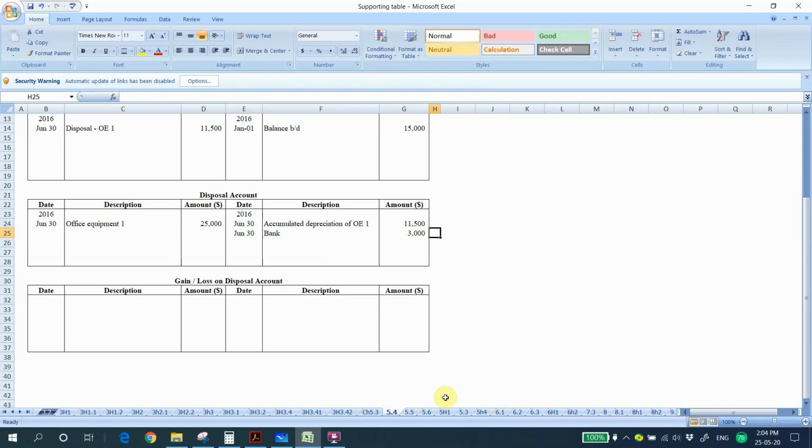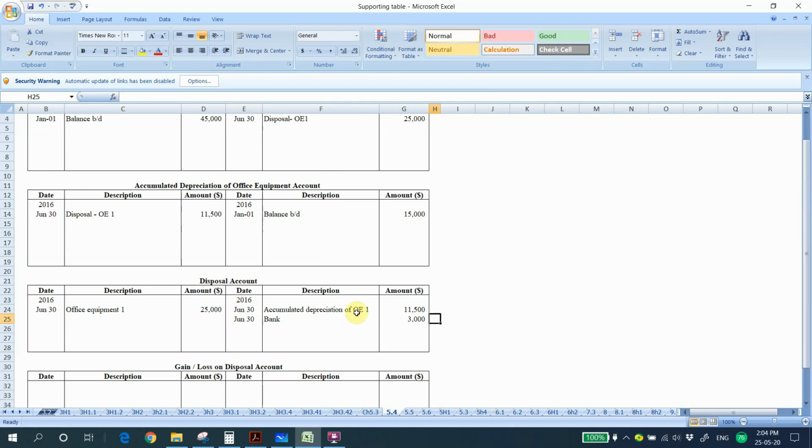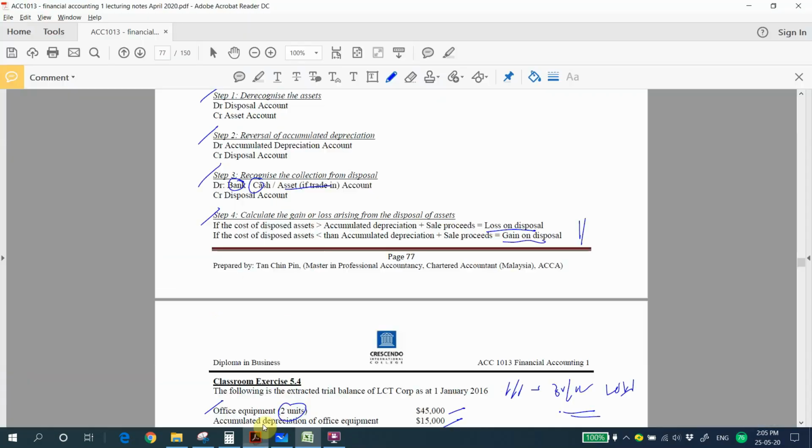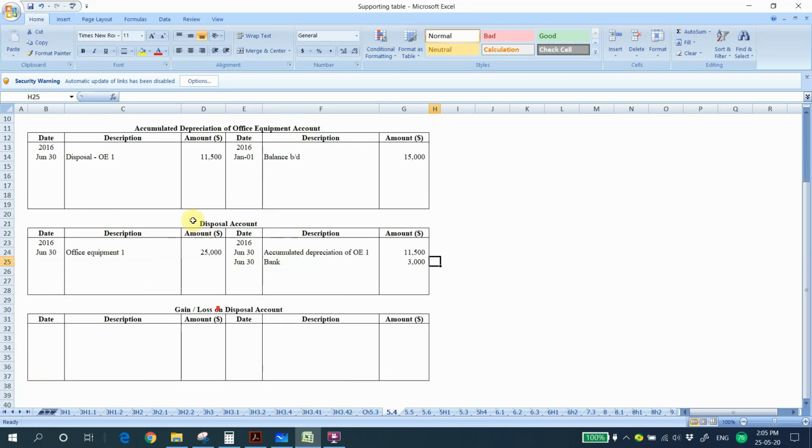The next thing we have to do is analyze how much gain or loss arises from the disposal. Without looking at the theory, let's use some common sense here. This asset, office equipment 1, when we purchased, we spent 25,000. And we used it up to 30th June 2016, the accumulated depreciation is 11,500.